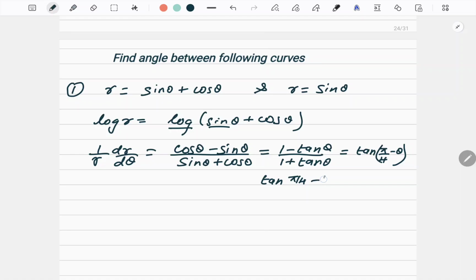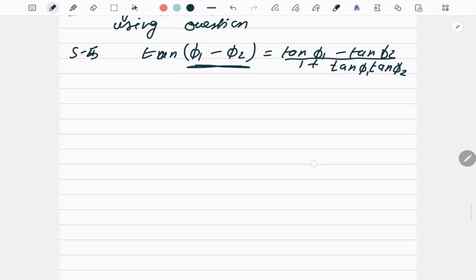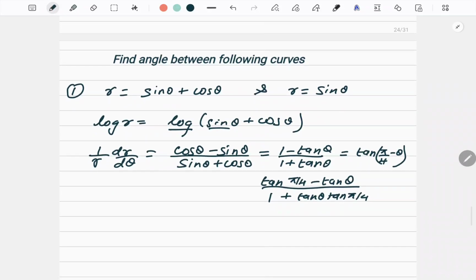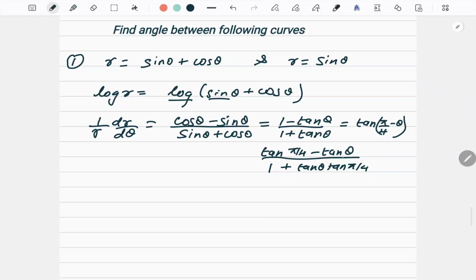So in place of 1 I wrote this. Then tan theta upon 1 plus tan theta tan pi by 4. So basically it is the same formula which I mentioned here, tan of phi 1 minus phi 2, so tan of pi by 4 minus theta. So I can directly use it, or you can write this step and then write this.